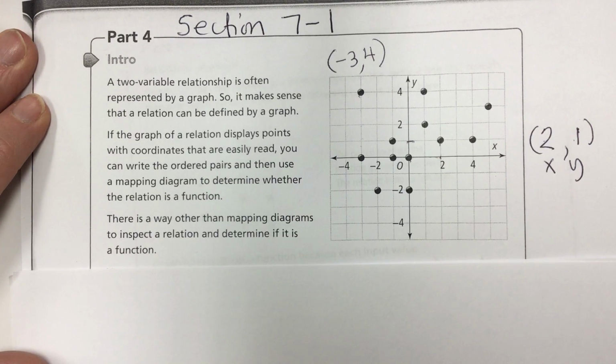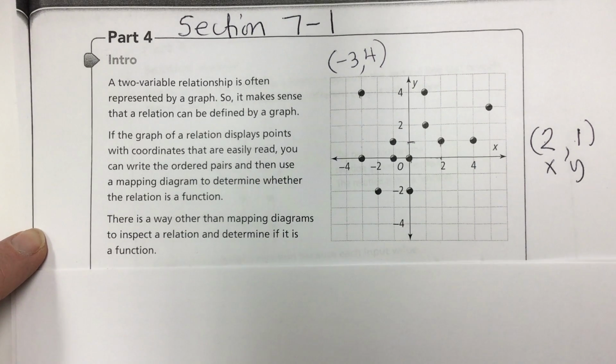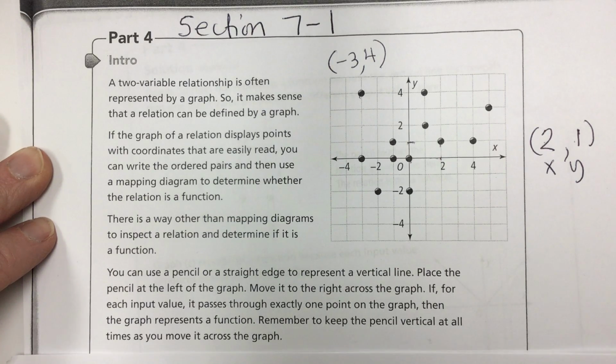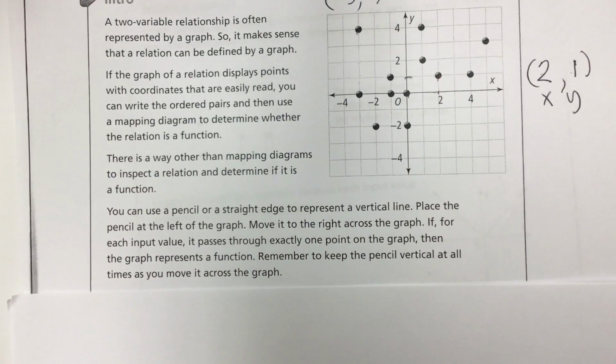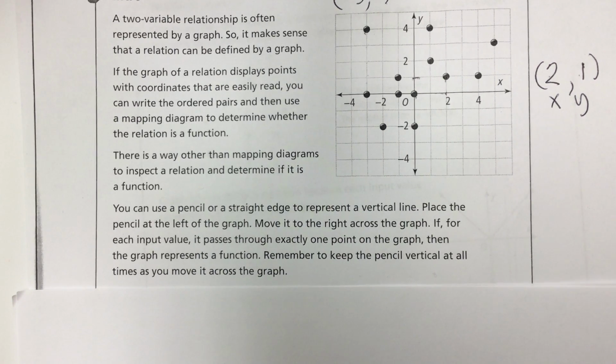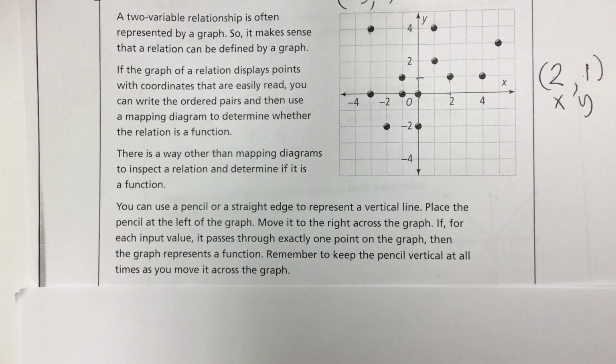There is a way other than mapping diagrams to inspect a relation and determine if it is a function. We can use a pencil or a straight edge to represent a vertical line. Place the pencil at the left of the graph, move it to the right across the graph.